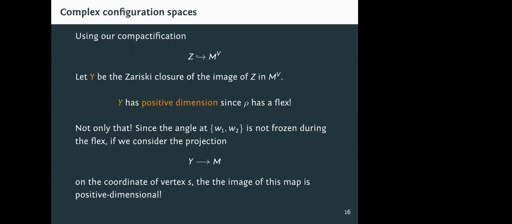So if we take this Y, this set of configurations, and we project onto the coordinate, in quotes, corresponding to the vertex S, the image of this map is positive dimensional as well.